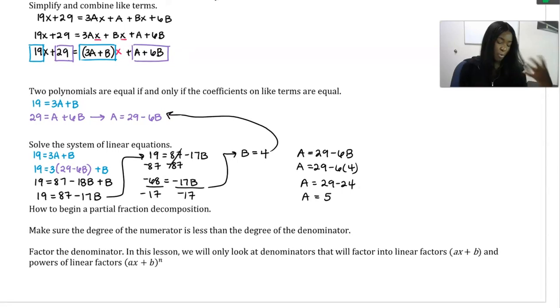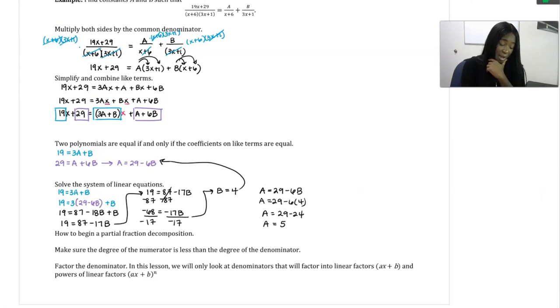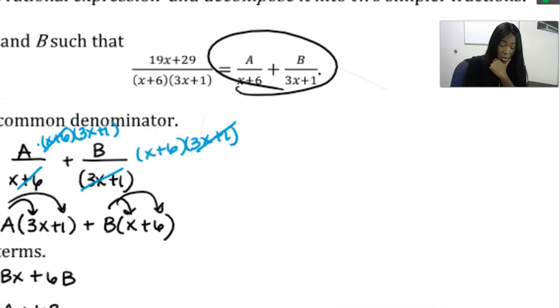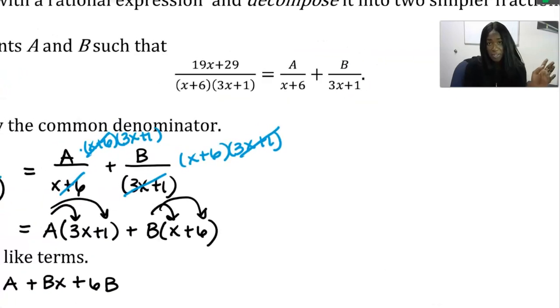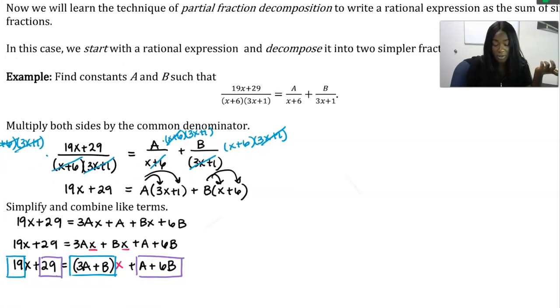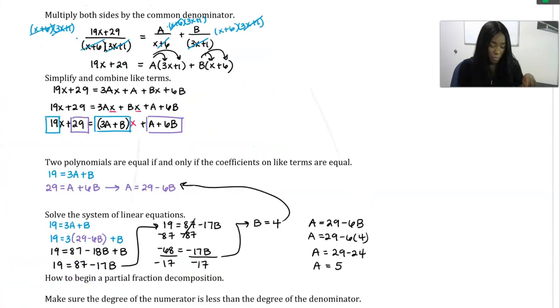So how we finished the whole partial fraction decomposition is, well, we already had it set up like this from the start. We already knew that the partial fraction decomposition had to look like something over x plus 6 plus something over 3x plus 1, and we just found those somethings. So now I'm just going to fill in what a and b are into that form.